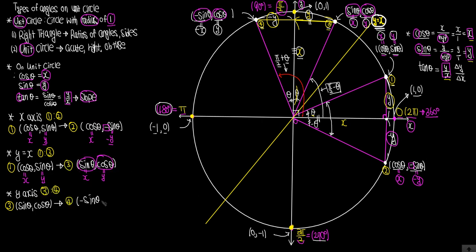So now we can clearly see the difference between them. If two coordinates are y-axis symmetrical, the positive x, which was sine theta in this case, and the positive y, which was cosine theta, the coordinate for number 3, will be switched into negative x and the same y coordinate.